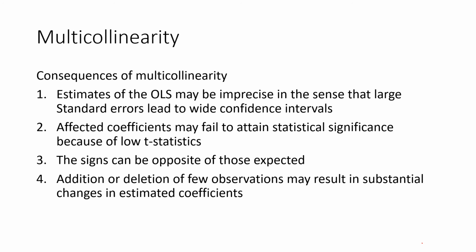We may reject the correct relationships. Third, it can also cause the signs to be opposite to those expected. And finally, the fourth problem is that if we add or delete a few observations from our data, this may result in substantial changes in the estimated coefficients. So these are the problems associated with imperfect multicollinearity.